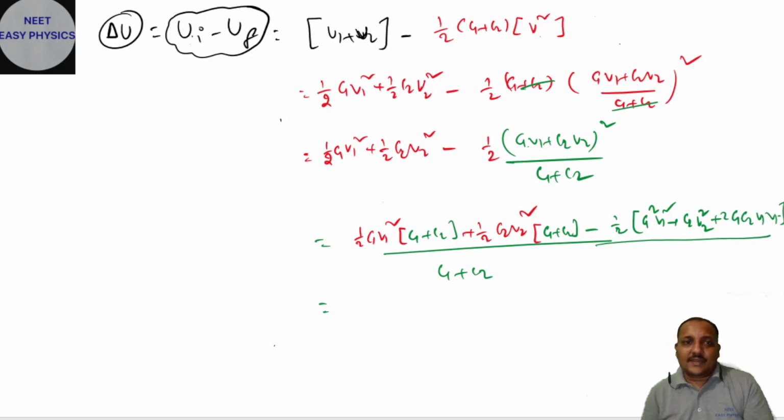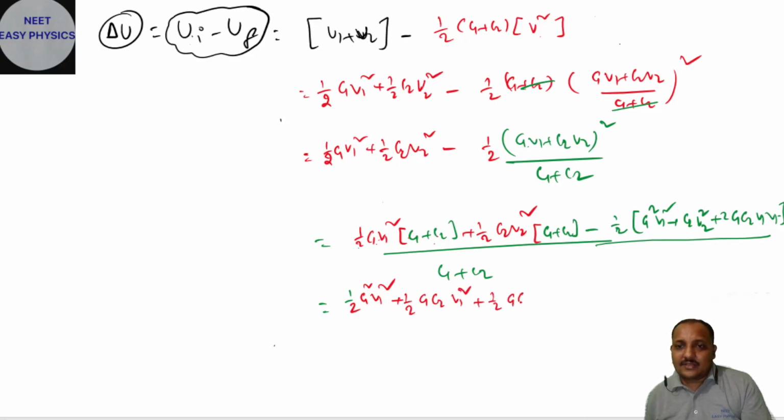Now if you multiply all these, you will get half C1 square V1 square plus half C1 C2 V1 square plus half C1 C2 V2 square plus half C2 square V2 square minus, if you expand this with minus sign, half C1 square V1 square half C2 square V2 square.